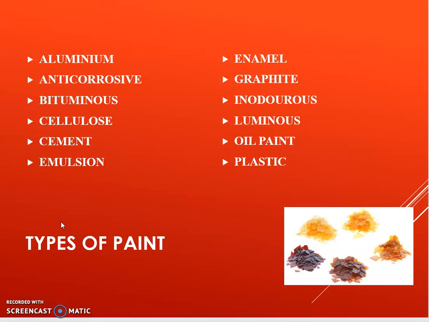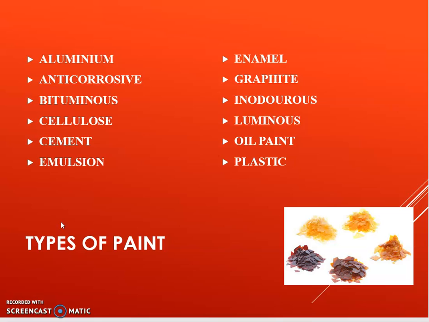Okay, so it's advisable to redecorate the surfaces finished with oil paint with a coating of fresh oil paint only. The layer of old oil paint serves as a foundation for the fresh paint. So you can't go for oil paint and over oil paint you can't go for distempered. Okay, that will not work.